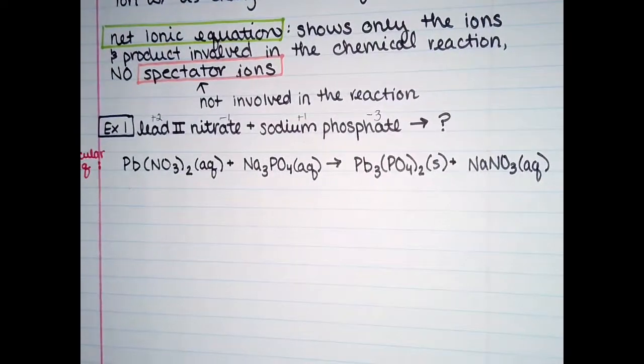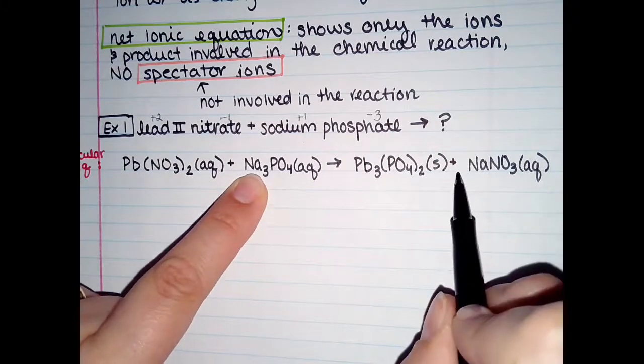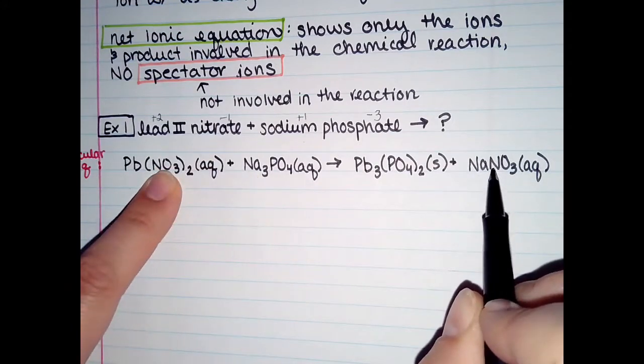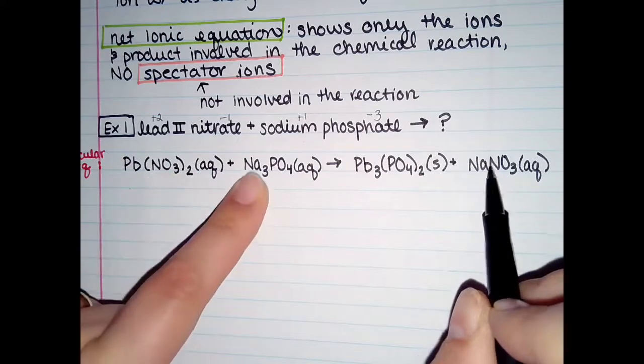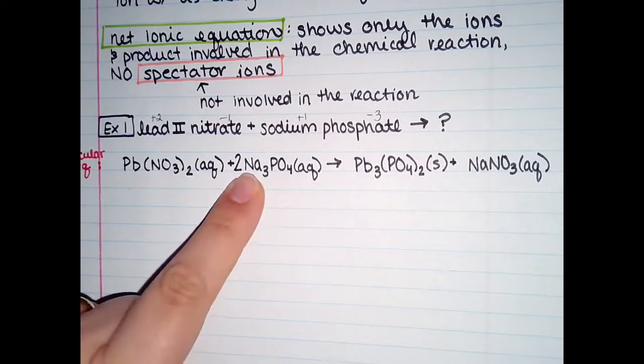Last thing I need to do for this molecular equation is balance it. Let's see. I've got 3. If I put a 3 here, it'd be 3 nitrate, but there's a 2. If I put a 2 here, now I have 6 sodium.